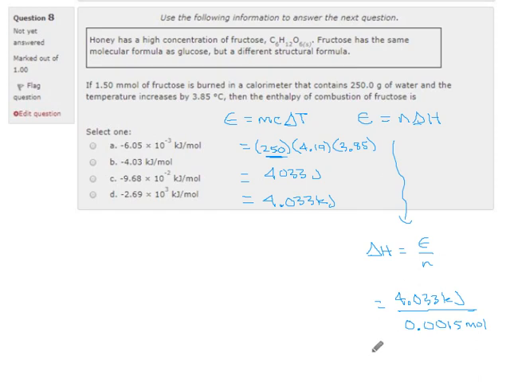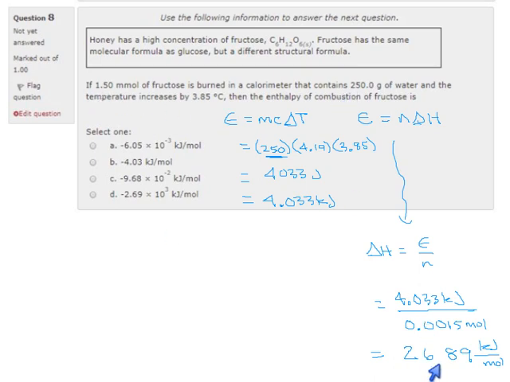From that, I get that our delta H is 2,689 kilojoules per mole. Now, from these data, most of these have 3 sig digs, or the least sig digs we have in any of these is 3.